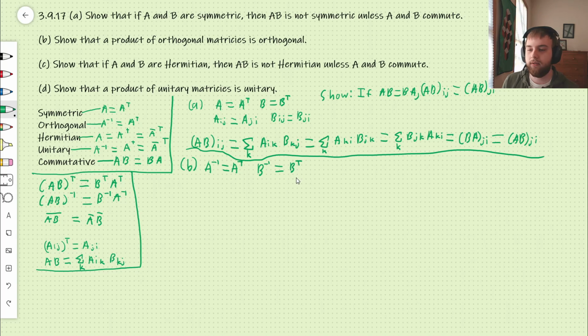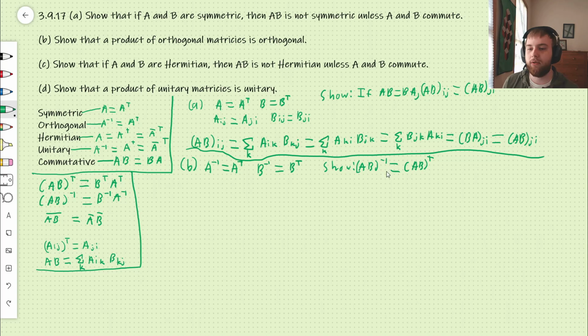That's a transpose. So if we want to show that the product is orthogonal, we have to show that AB inverse is equal to AB transpose.